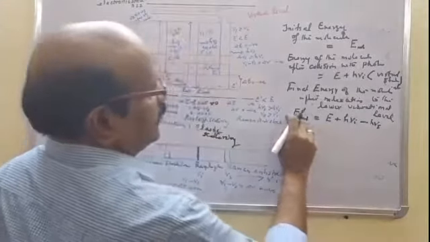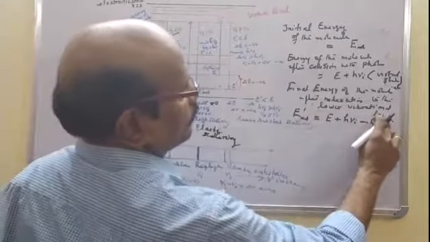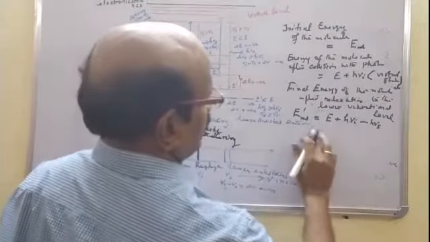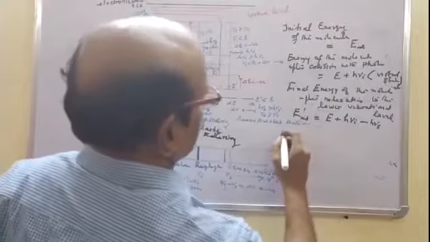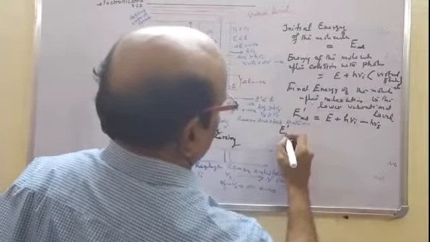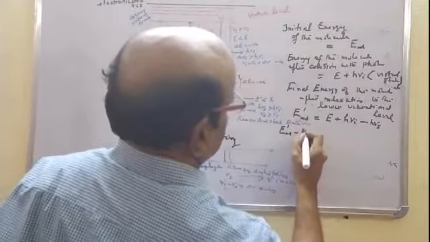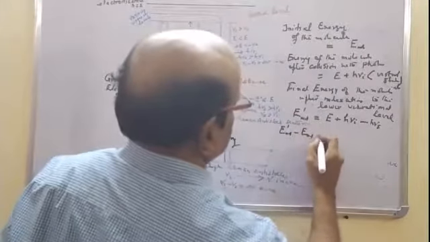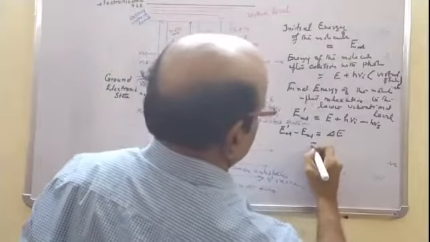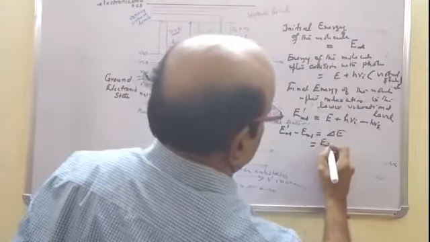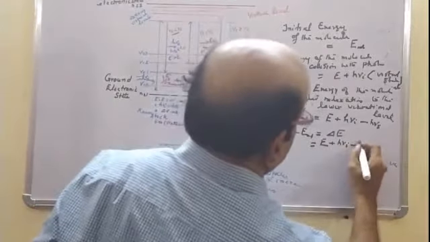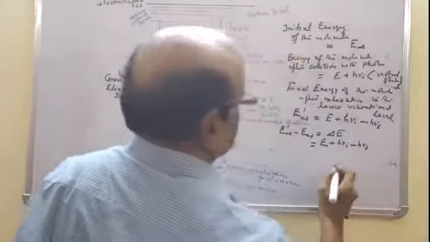So the final energy of the molecule after relaxation in the lower vibration level is E plus H nu I minus H nu S. Therefore the energy difference E dash mole minus E mole, E dash minus E, that is delta E, is equal to E plus H nu I minus H nu S.